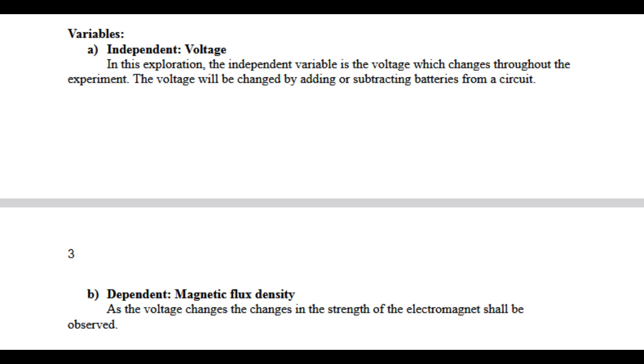The second type of variable is the dependent variable, which is the variable which is affected by the changes in the independent variable. So it's basically the variable that changes along with the independent variable. And in the context of this IA, it is the magnetic field strength of the electromagnet.